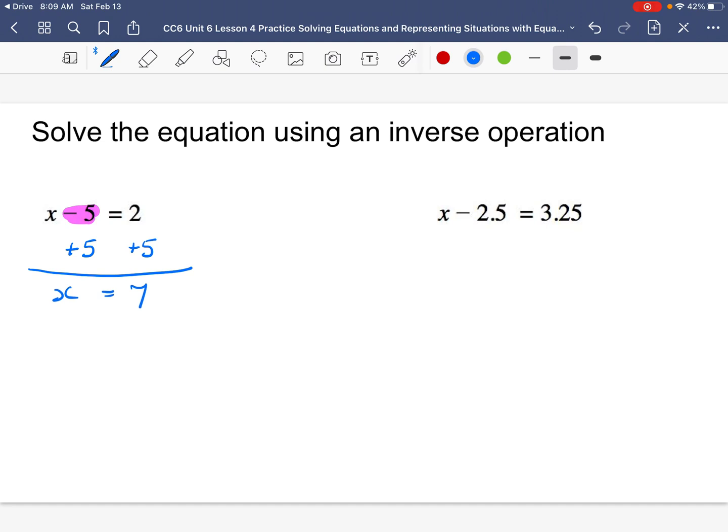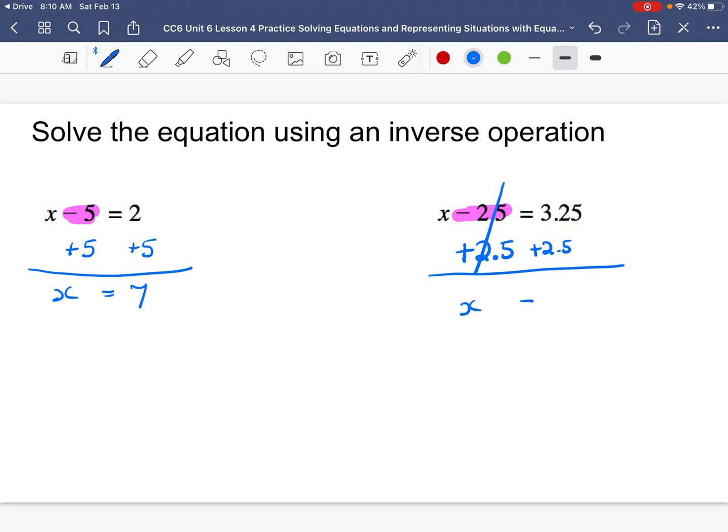This also works if we have decimals. On the right hand side, we have x minus 2.5 equals 3.25. And first I say, what's my inverse operation for this minus 2.5? It's plus 2.5. And remember, you've got to add it to both sides. So let's do that. On the left hand side, minus 2.5 and plus 2.5 cancel each other out.